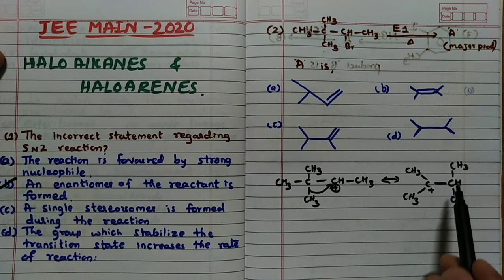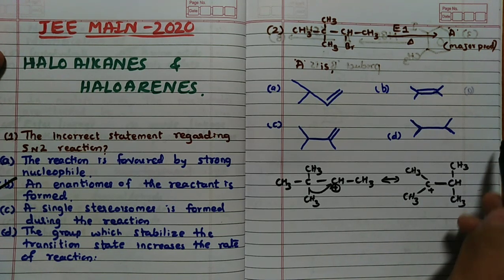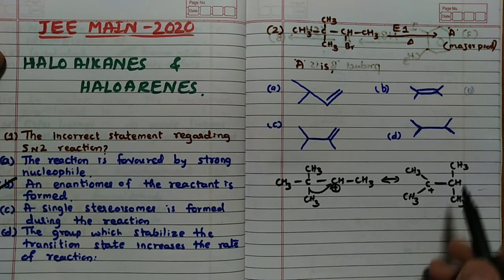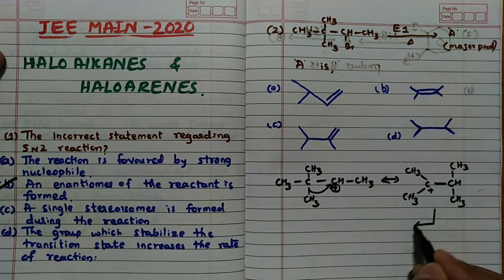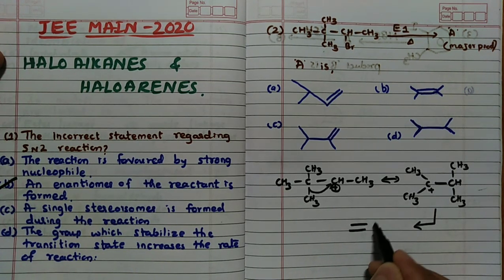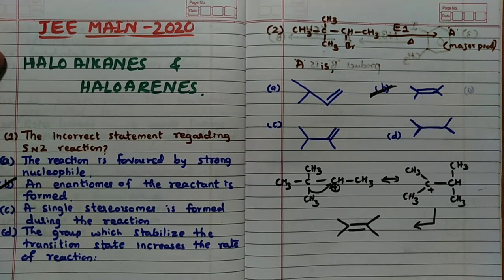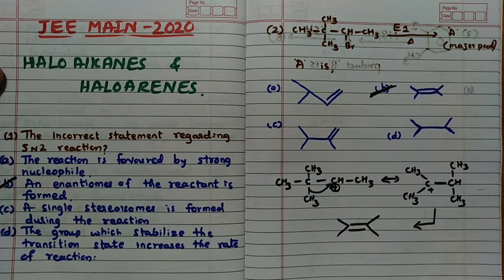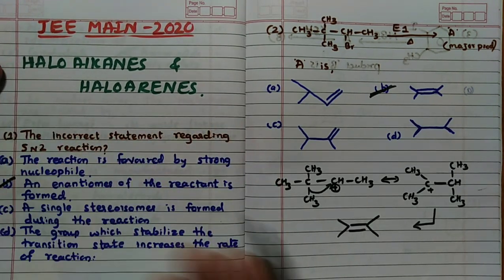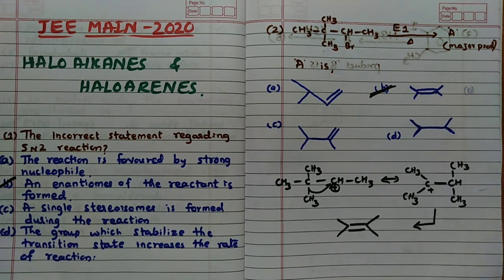Remember, this hydrogen will leave from this particular site, and a double bond is formed here. So the product of this has the double bond here. Like this is the product. Hence the correct answer for this question is B. Remember, in a very short time you have to select this type of answer. For that, this type of basic thing you have to know. That is the second question.